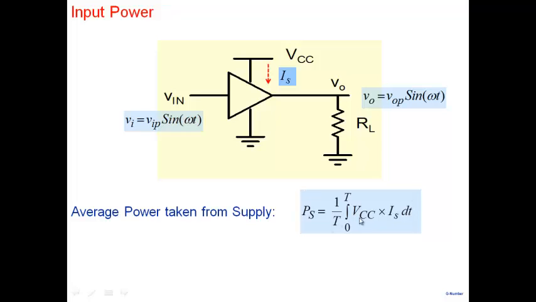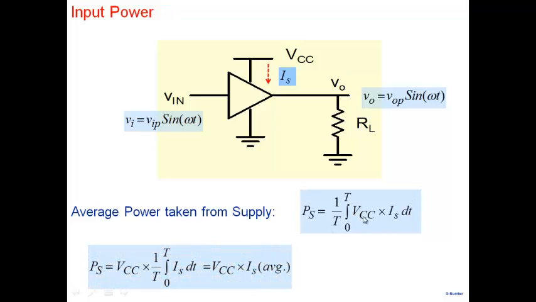So you have to do this average. And because VCC is a constant, I can write the power drawn from the supply as VCC into the average value of this current, because 1 by T, 0 to T, IS will be simply the average value of the current. So whatever is the average current that you draw from the supply multiplied by VCC gives you the power that you are sucking from the power supply, VCC.